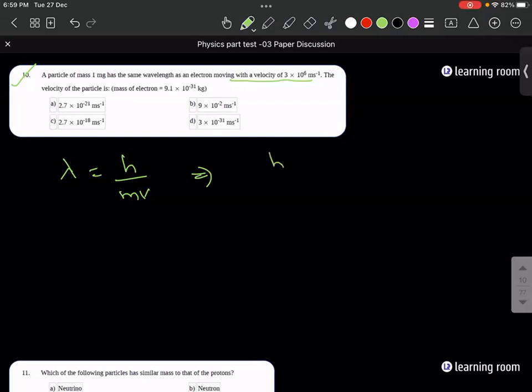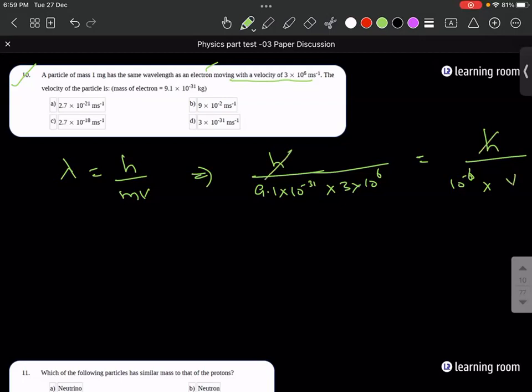h divided by the mass of the electron, 9.1 into 10 power minus 31, into speed 3 into 10 power 6. And the particle has mass 1 milligram, which is 10 power minus 6 kilogram, into the speed. h and h will get cancelled.